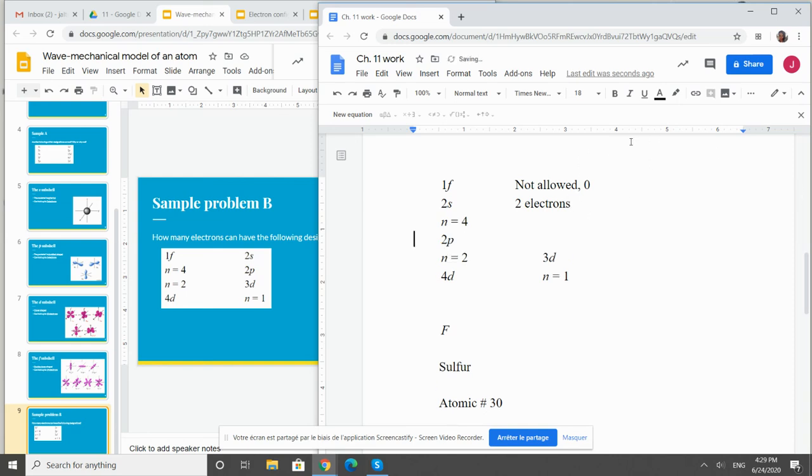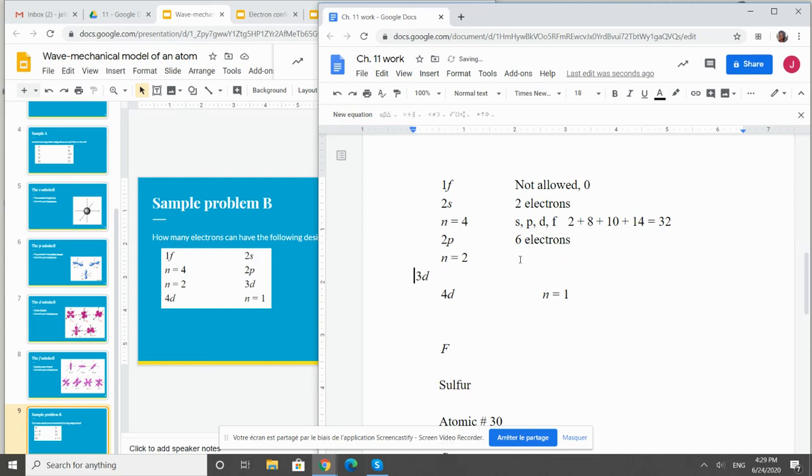Okay, n is equal to 4, so we have here s, p, d, and f all are allowed. So 2 plus 6 plus 10 plus 14 is equal to 32 electrons in n is equal to 4. 2p, so it is allowed, and because it's p, the answer is just 6 electrons.